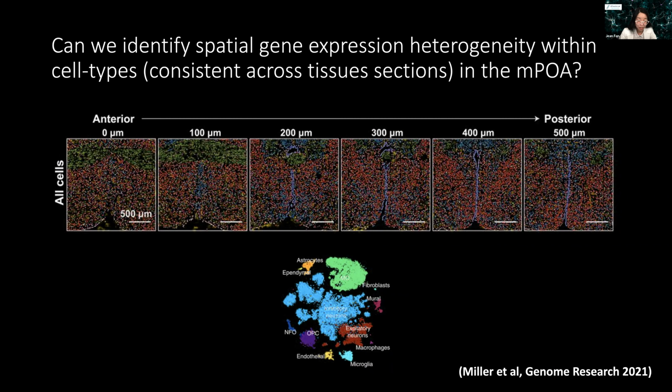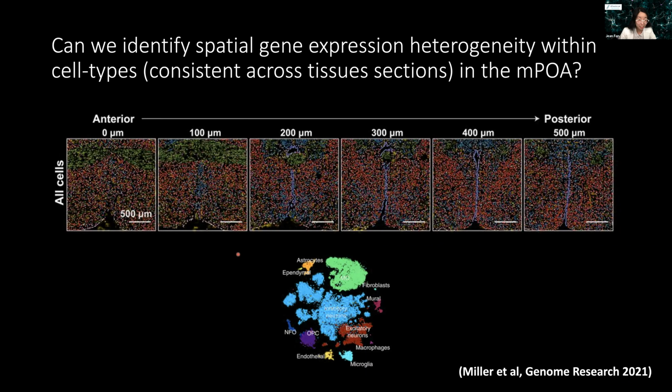So Jeff and DJ previously performed clustering analysis on the resulting MERFISH cells, and were able to identify a large number of different cell types and also neuronal subtypes, and evaluate how they were spatially organized within this particular region.